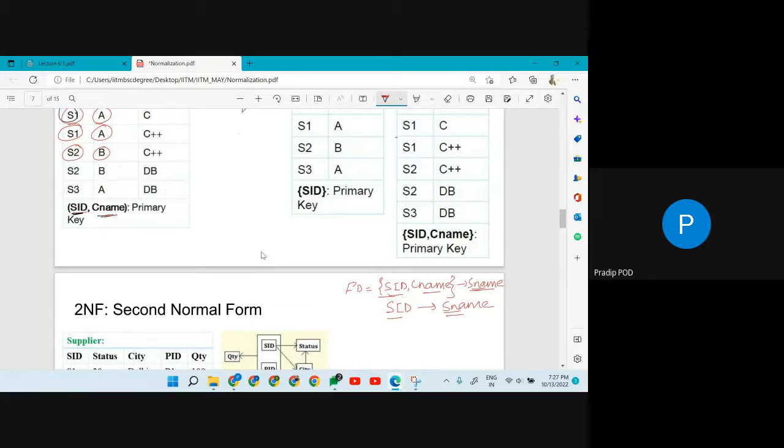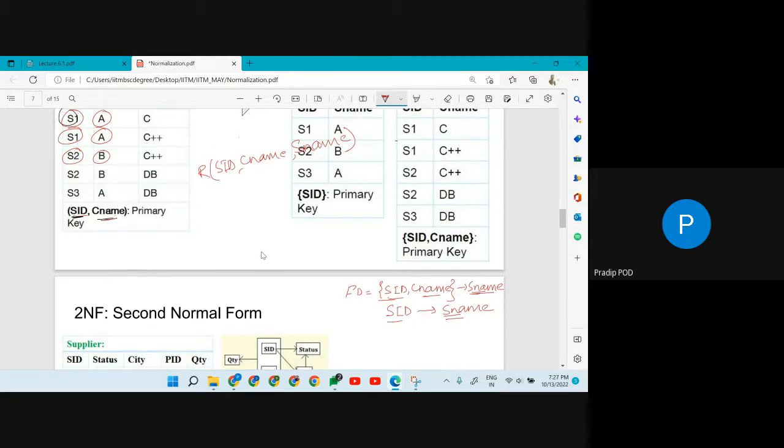If you want to find how we find the candidate key, suppose R has SID, CNAME, and SNAME. First we check the right-hand side. Only SNAME is present on the right-hand side, so these two attributes should be present in our candidate key.